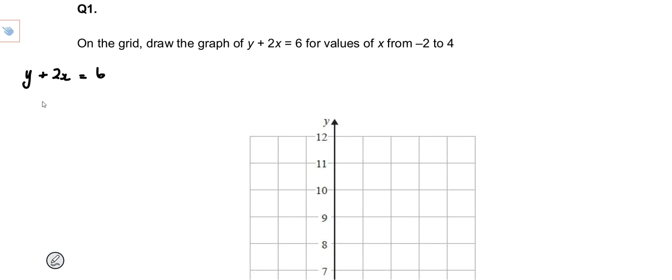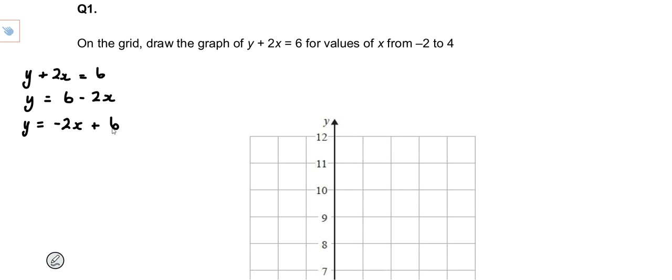Y then 6 minus 2x. So y equals 6 minus 2x. Now, that is in what form? Nope. This one is in the gradient intercept form. So we would do 6, also written as y equals minus 2x plus 6.